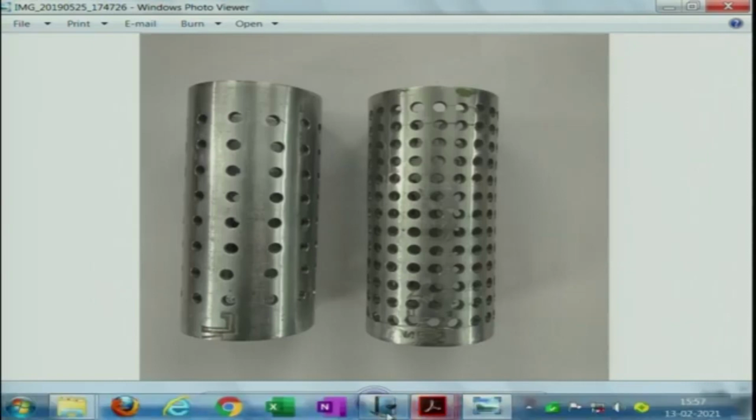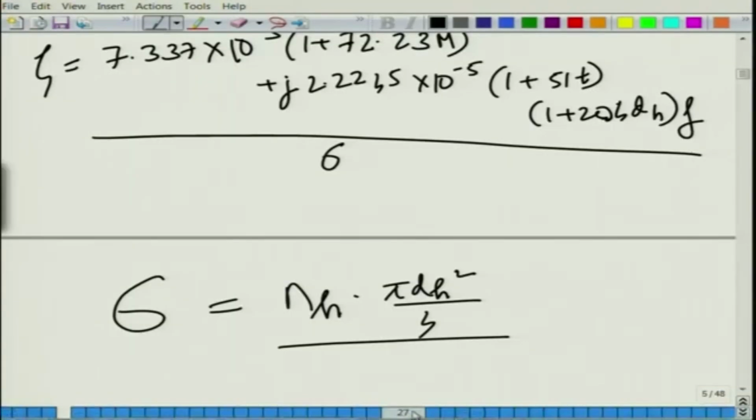So if capital D is the diameter of the perforated duct, then pi D into LP will give you the curved surface area. It is like a rectangle when you do the development. So pi D is the circumference, or 2 pi r naught, multiplied by LP.